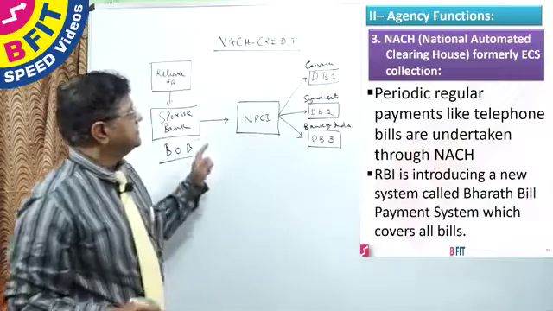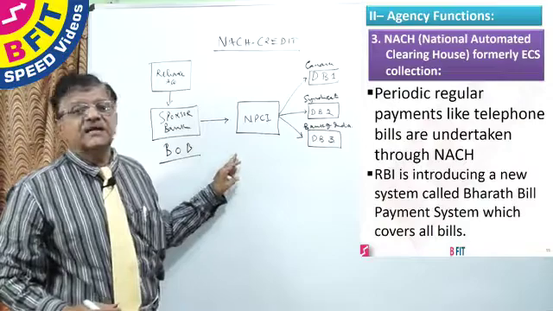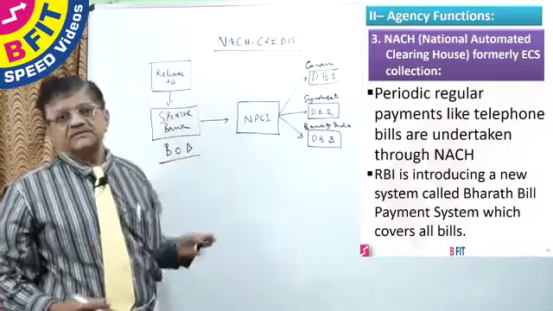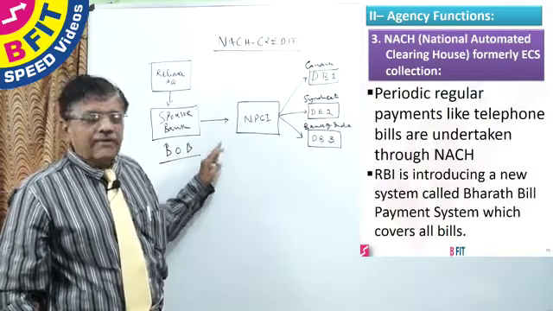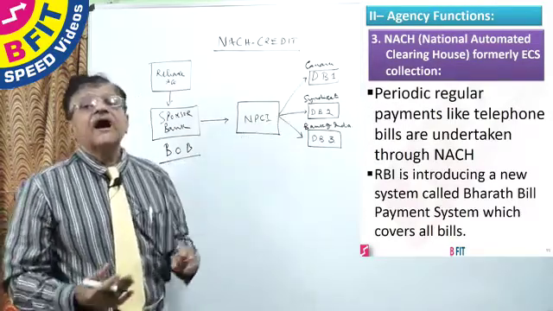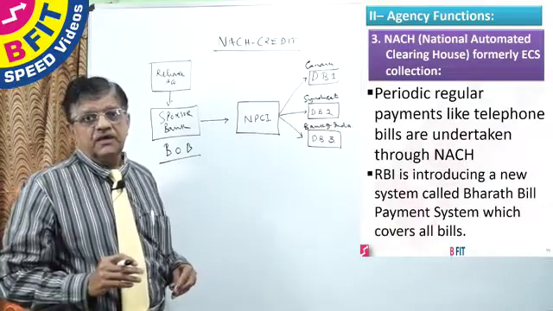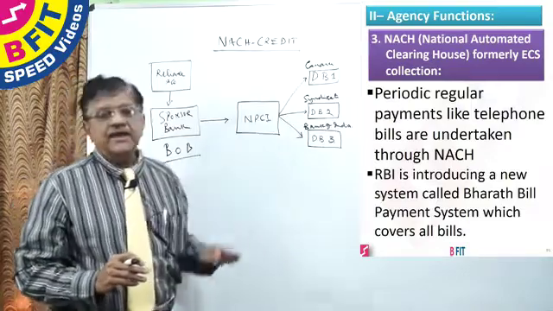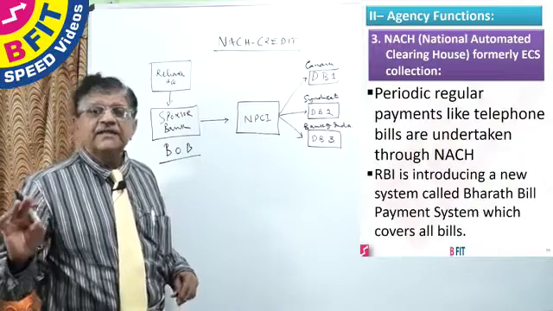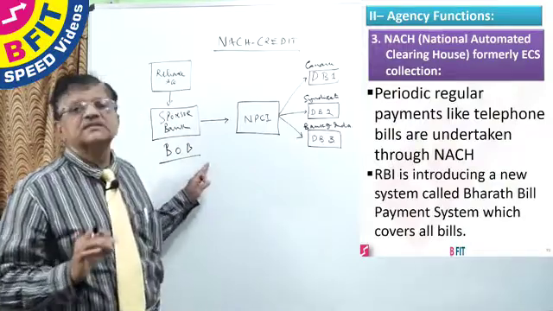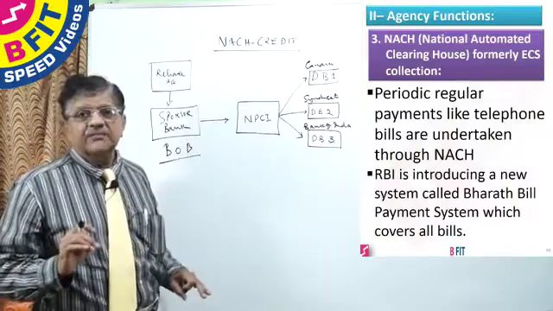Each bank wise they will reclassify it and then send the full details electronically to the core banking solution servers of these banks. The core banking servers will credit the account holders in one single go, and the amount will be credited at that second to the account of the account holders, and a message will be sent to the account holders. This is by way of dividend warrant amount you have received from Reliance and Company.